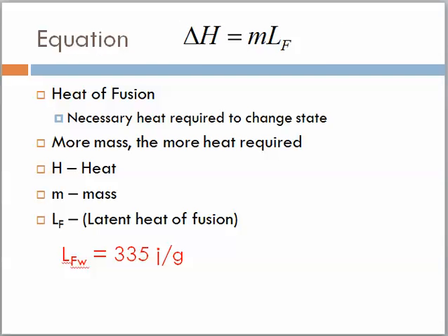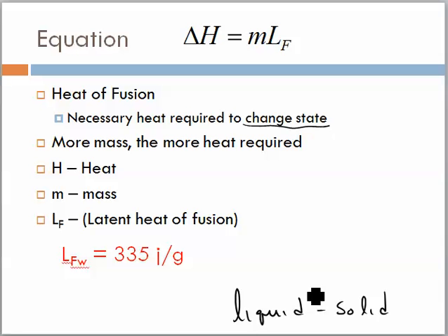For example, the first one we'll talk about here is heat of fusion. This is when something would go from a liquid to a solid, or vice versa. It could go from a solid to a liquid. But it's the amount of heat that's necessary to change this state, from one state to the other.